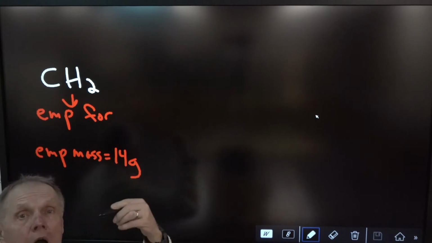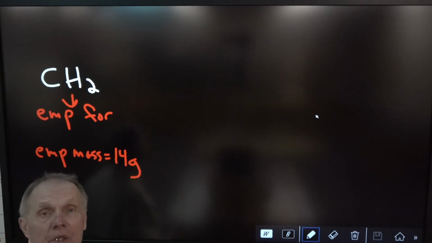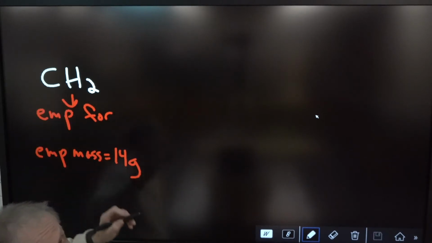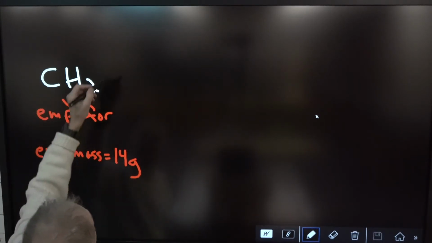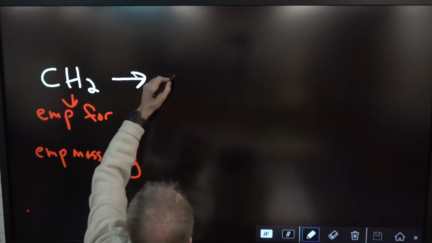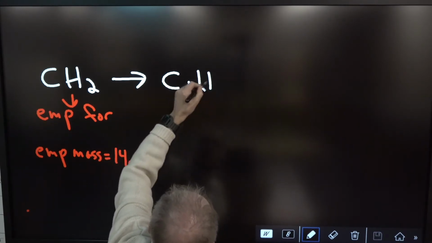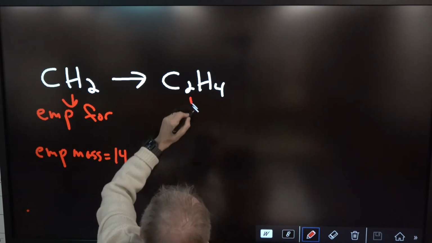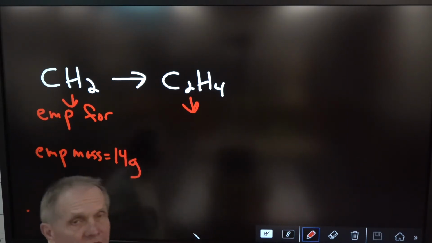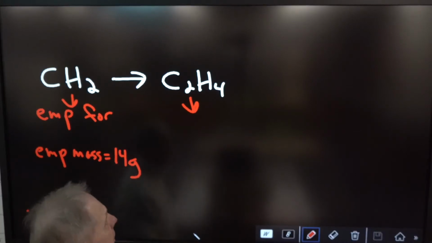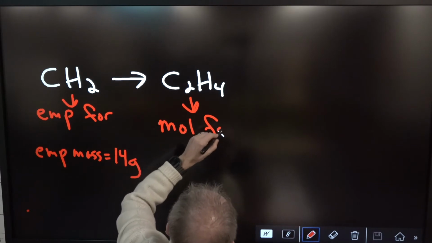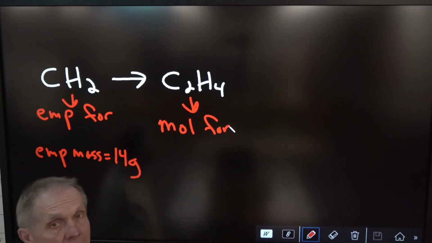Now, let's do a multiple of the empirical formula, which will be the molecular formula. So a multiple of CH2 would be C2H4. Now, C2H4 is no longer an empirical formula because it's not the lowest whole number ratio. So this is called a molecular formula.